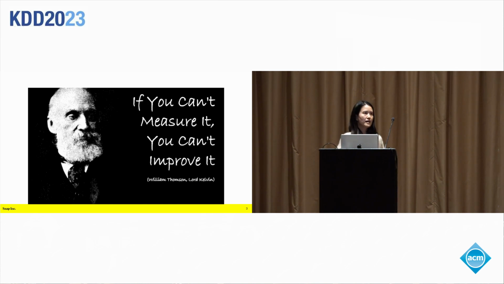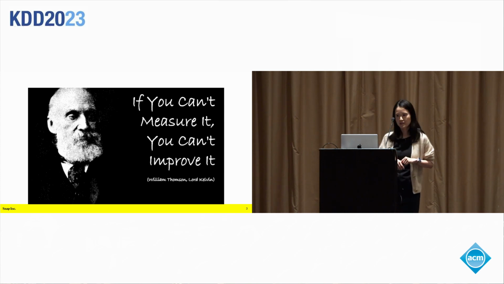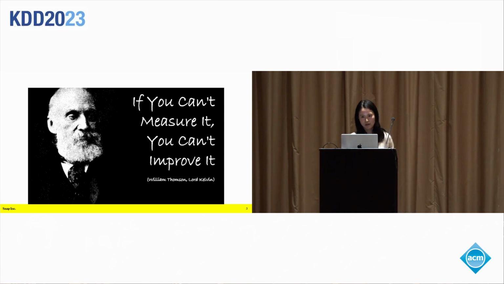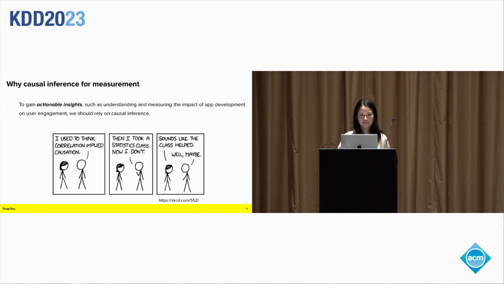In the past few years, one of the key research areas my team worked on was the measuring methodologies of mobile apps. The goal is to help improve the performance and usage of Snapchat.